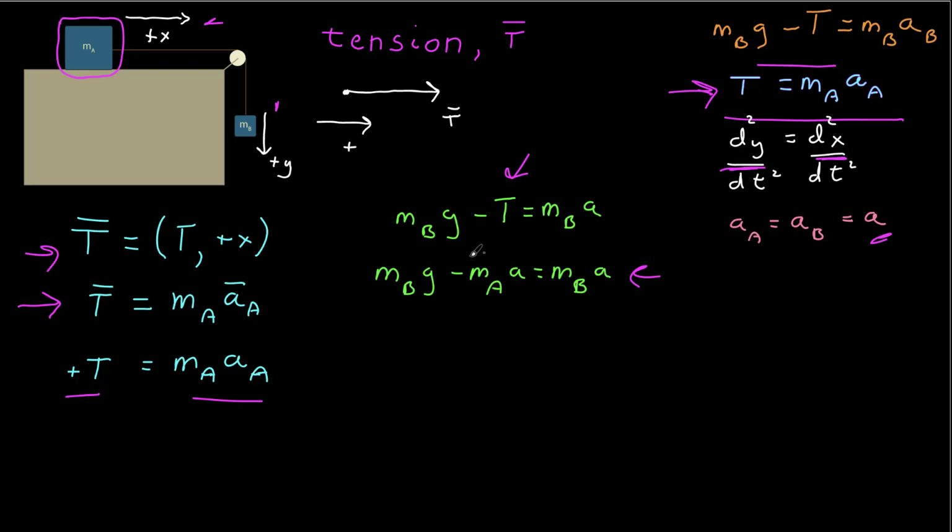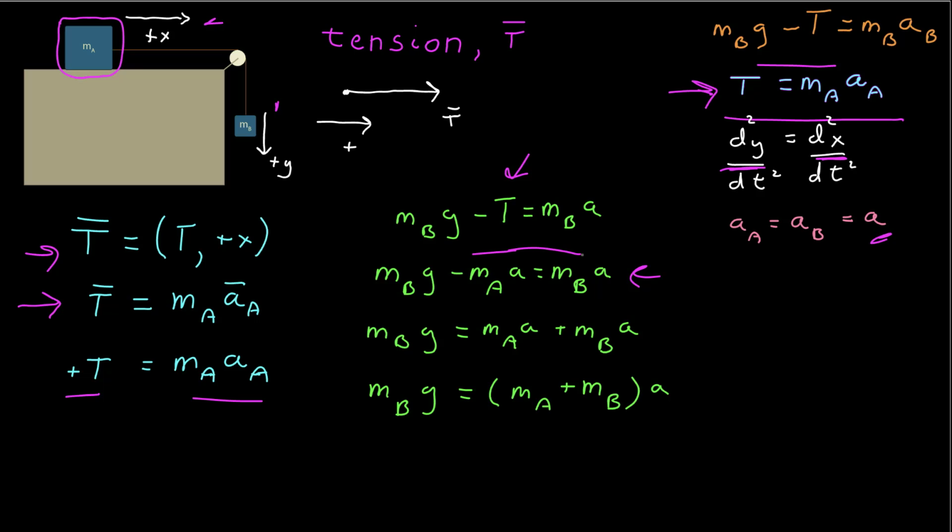I want to solve for a, so I want to move this term over to the other side. And now I can factor out an a on the right-hand side. And now divide both sides by the sum of the masses, and I get my solution for a. Before I do anything, I want to check to see if this makes sense.